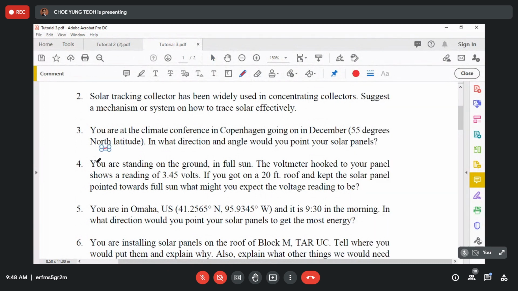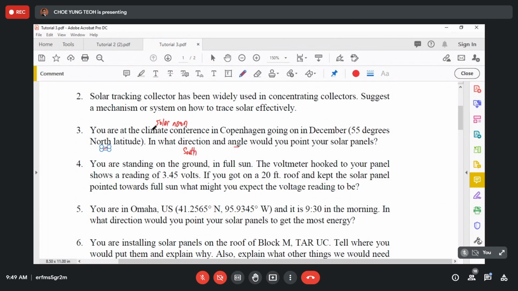So to get most of the sunlight, you should face to the south. But why face to the south but not a certain angle? Because the time is not given. When the time is not given, you have to face to the solar noon. Then the solar noon will either be in the south, exact south, or the other one, exact north. But in this case, of course, it is the exact south. So direction, we face to the south.